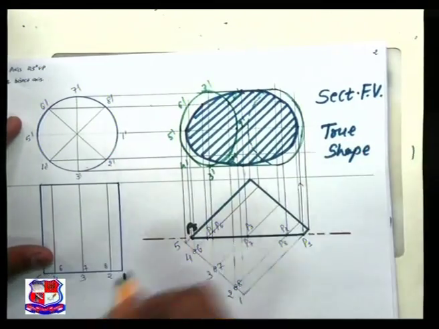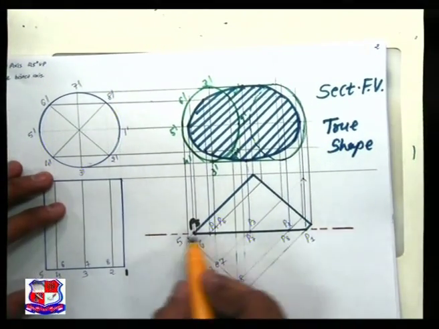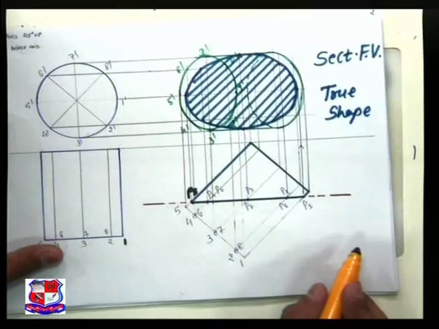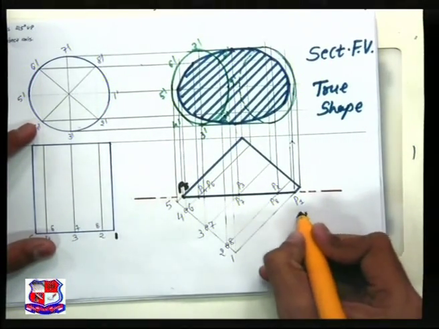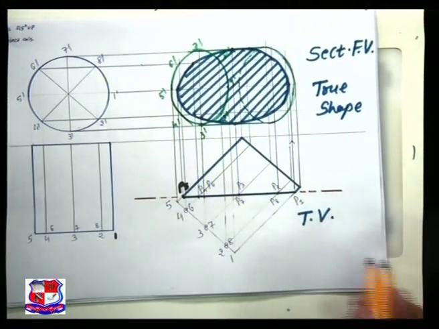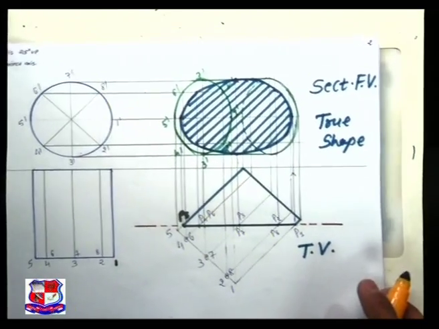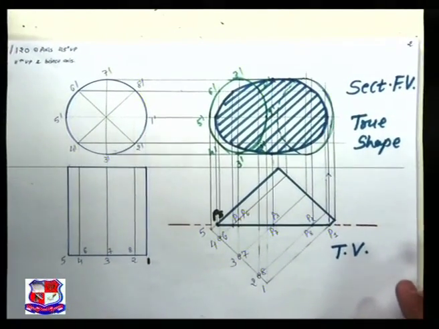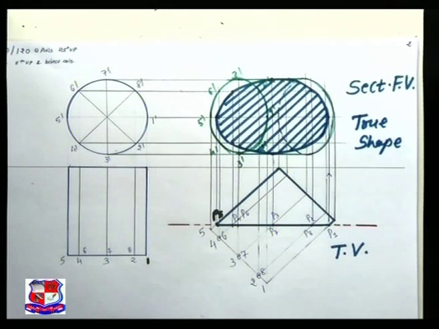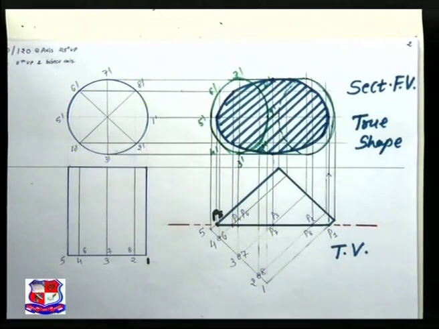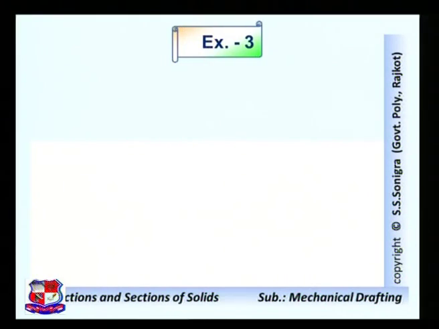Why is it the true shape? Because this cutting plane line is parallel to the XY line, and this represents the top view of this section. So these are the steps to be followed to solve this problem, and I hope the solution is clear to you.